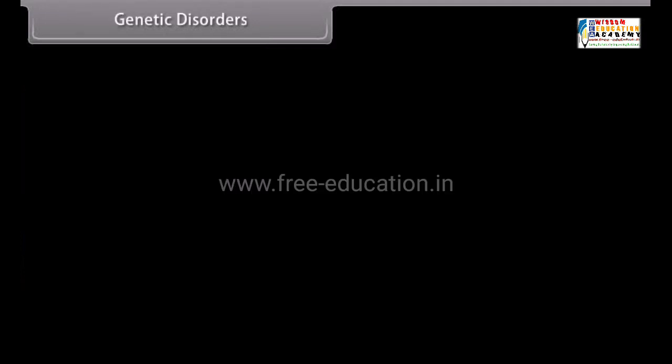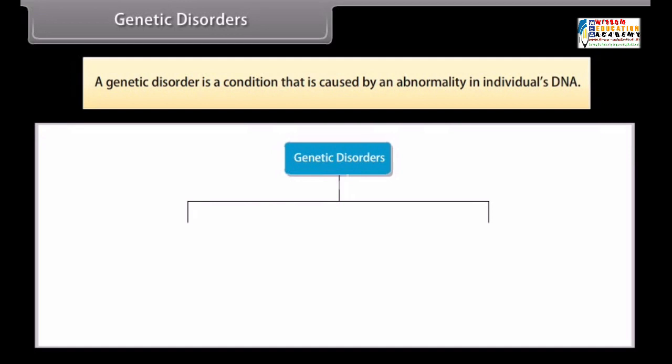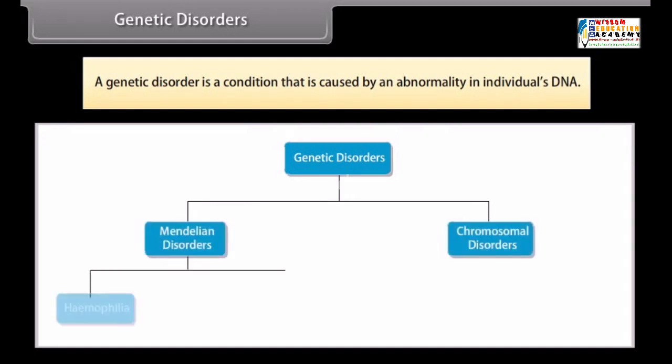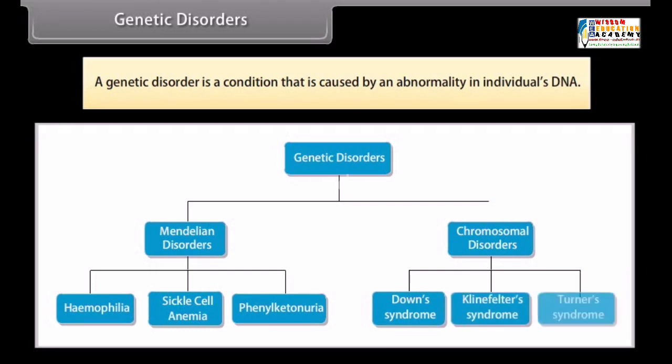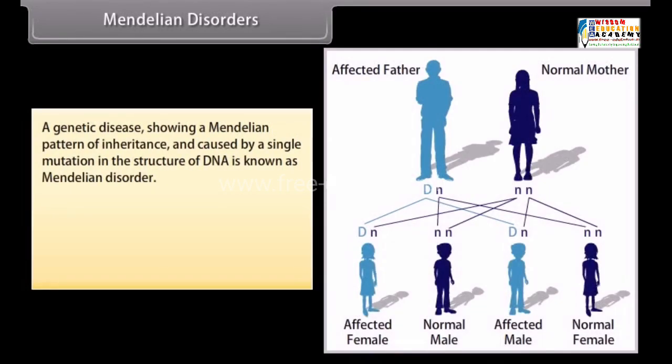Genetic disorders. A genetic disorder is a condition that is caused by an abnormality in an individual's DNA. Mendelian disorders: a genetic disease showing a Mendelian pattern of inheritance and caused by a single mutation in the structure of DNA is known as Mendelian disorder. Such a disease trait can be dominant or recessive.